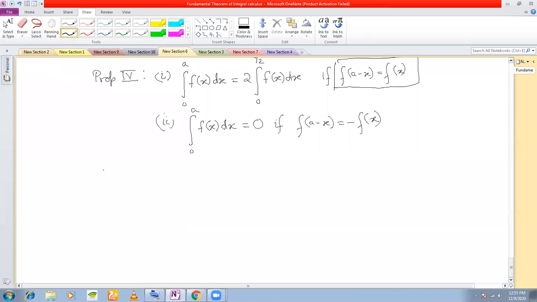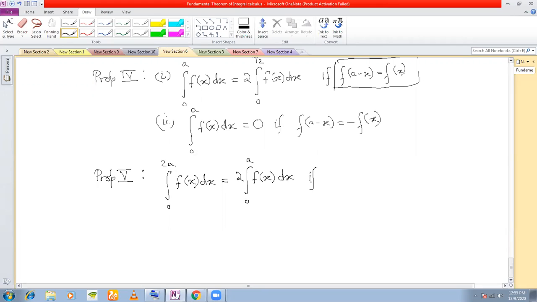Next property, property number 5, is integral 0 to 2a fx dx is equal to twice integral 0 to a fx dx.